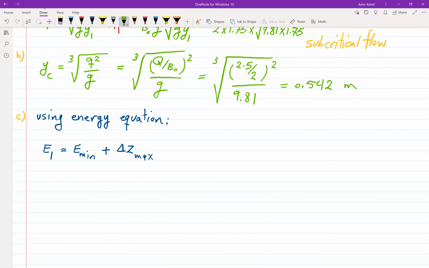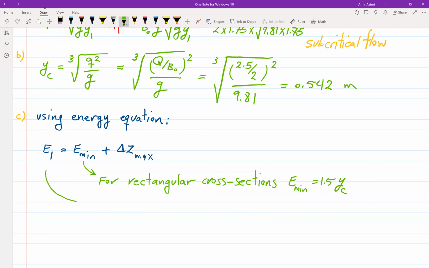So for rectangular cross sections, E minimum is equal to 1.5 times YC, and E1 is Y1 plus V1 squared divided by 2G.